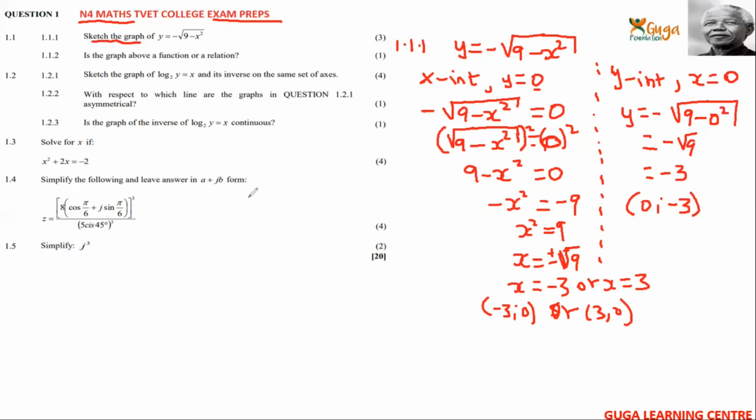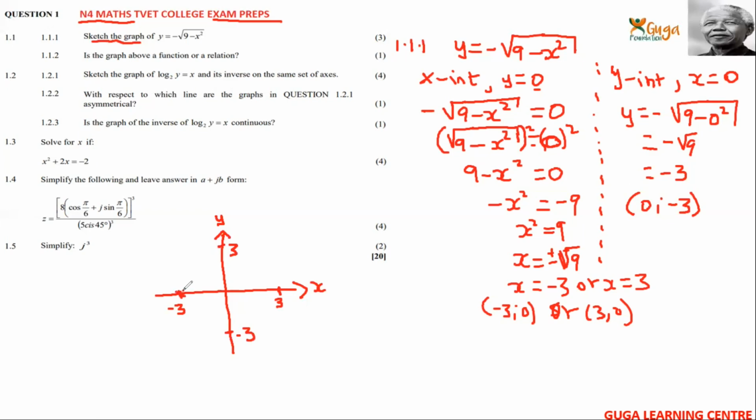So now the question says sketch a graph, right? So I can draw it here. Okay, let me try draw a graph here. This is the x-axis and this is the y-axis. You can see here we've got points, right? Here is a positive 3, and then here is a negative 3, and then I'm also saying that here I've got negative 3, and here I've got 3, right? So here you've got point here as -3:0.